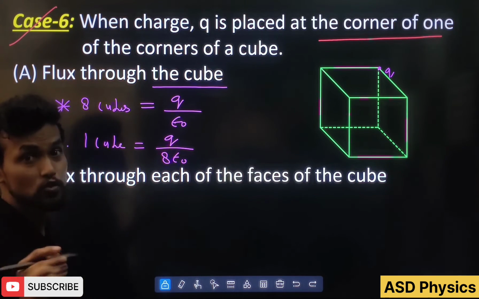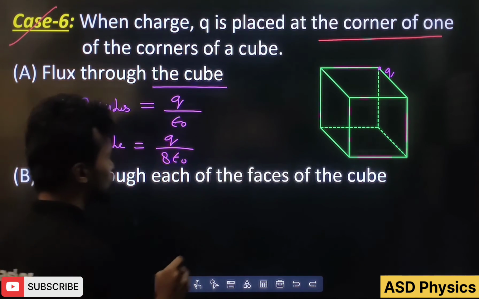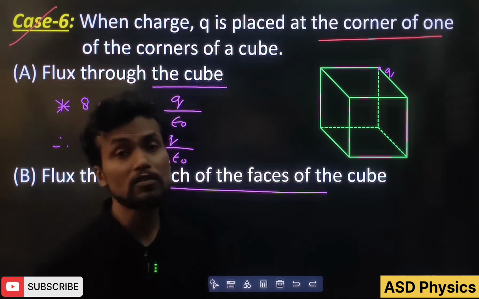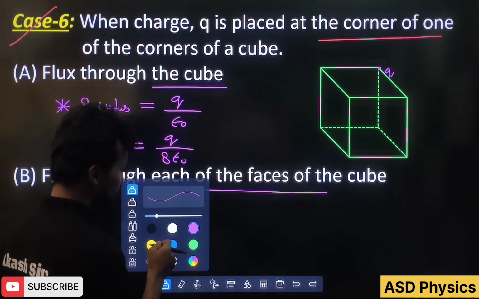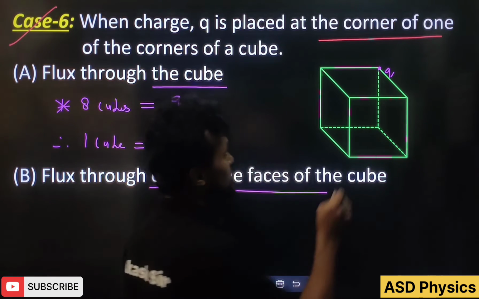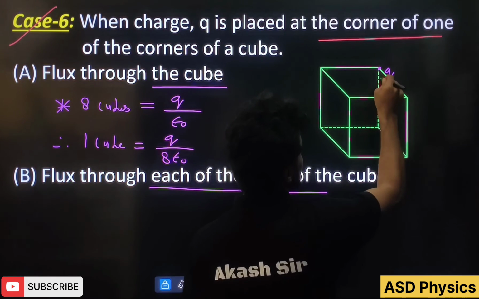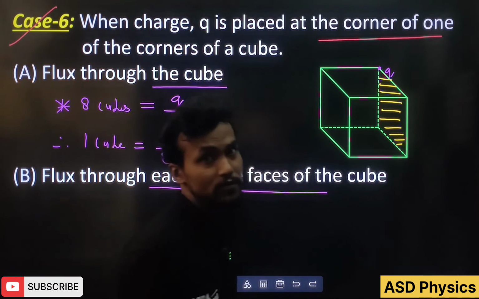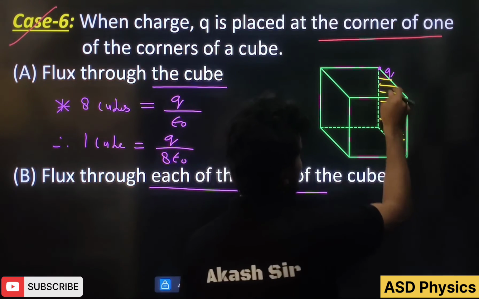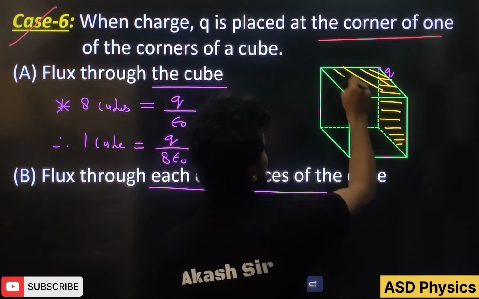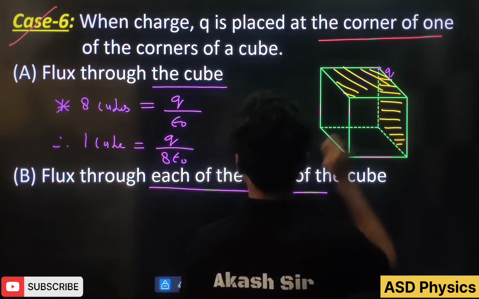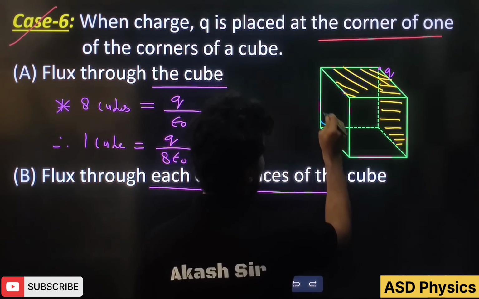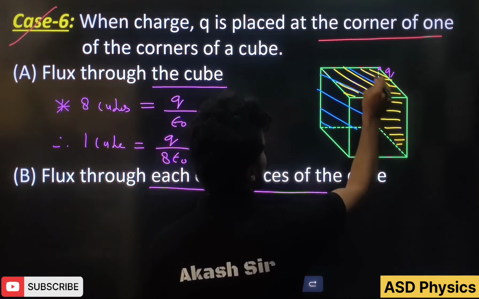Okay, after that, sometimes questions used to come from here also. Flux through each of the faces of the cube. In this situation, here, students, 6 surfaces are there, is it? But here please, if you think about this charge Q, this corner is made up of the intersection of how many faces? 3 faces. So this one I have drawn in yellow color. This also I have drawn in yellow color. And backside also, let me take this backside, this cube I'm talking about here.